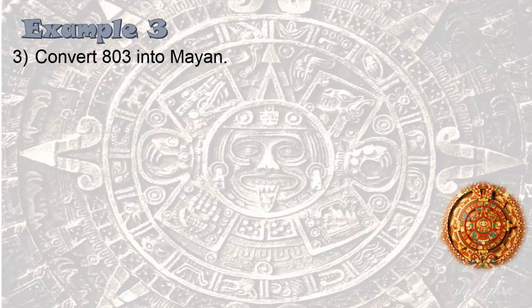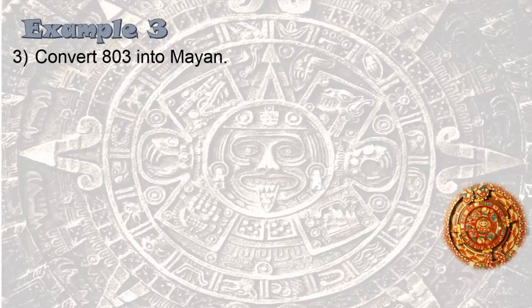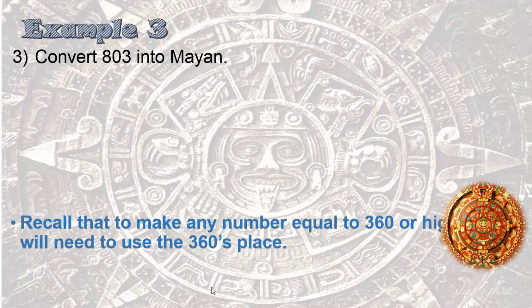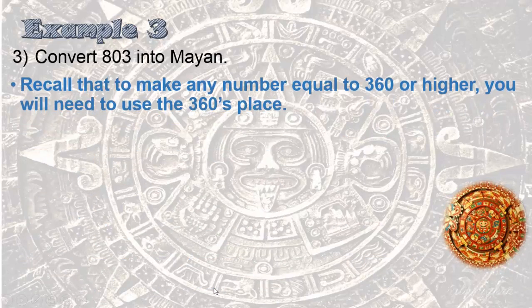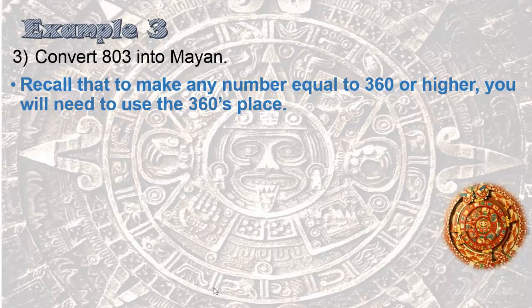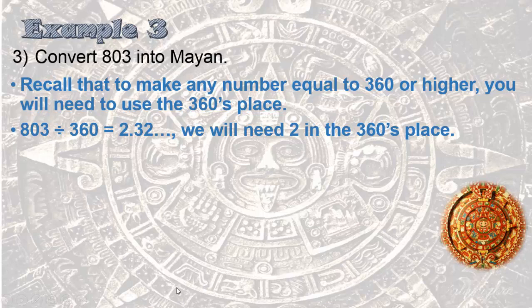In example number 3, we're asked to convert 803 into Mayan. So recall that to make any number equal to 360 or higher, we will need to use the 360s place. So we take out our calculator and divide 803 by 360, which is equal to 2.23 and so on.